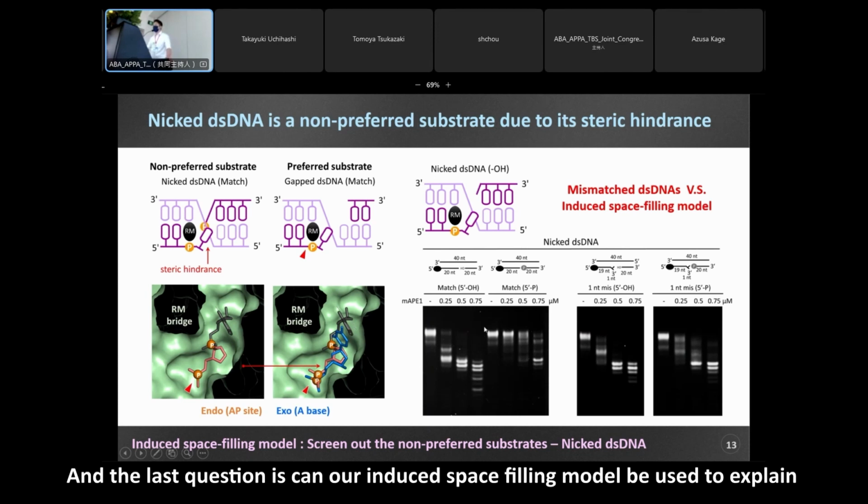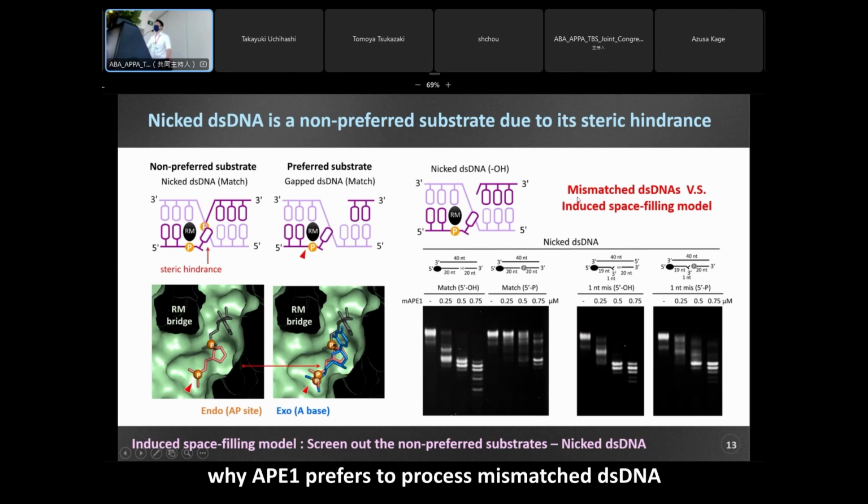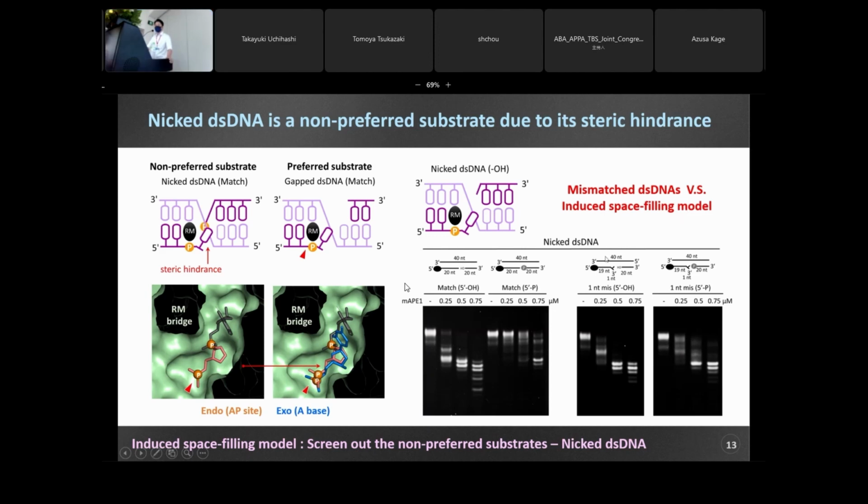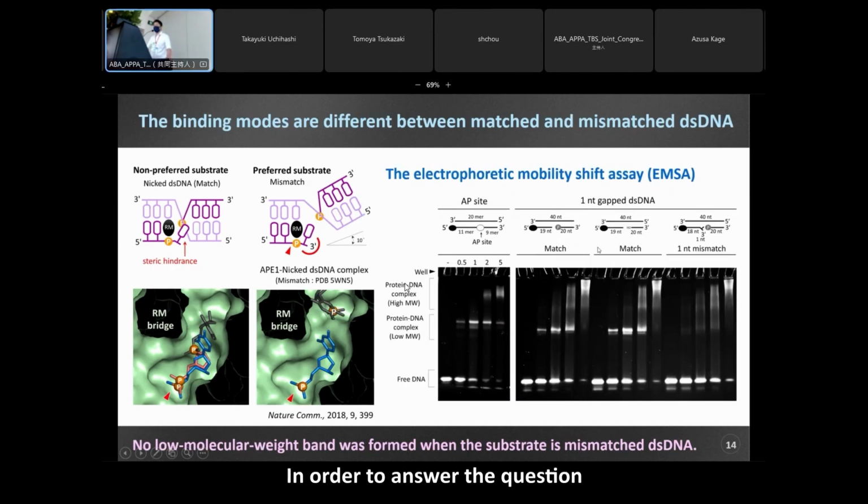And the last question is, can our induced space filling model be used to explain why APE1 prefers to process mismatched double-strand DNA? In order to answer the question, we superposed our APE1 dsDNA complex structure onto the previous DNA complex structure, published in 2018.